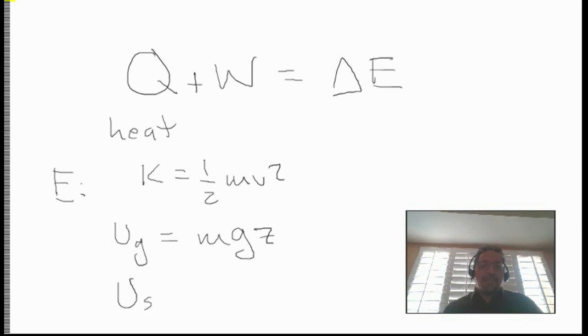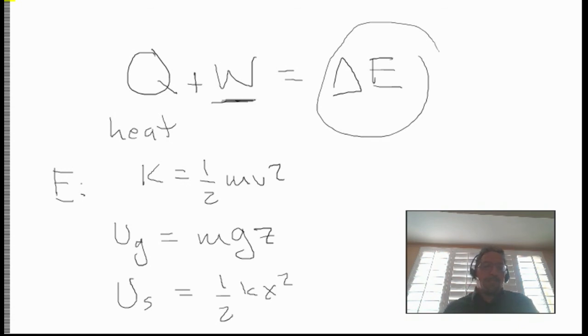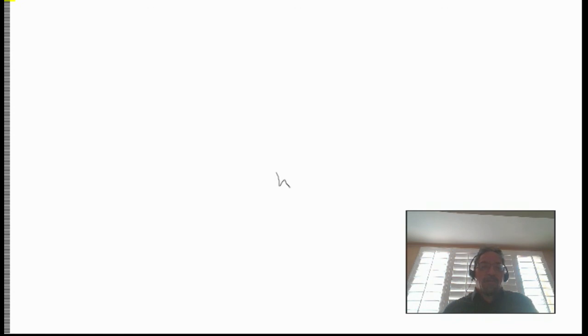The spring is 1/2 of k x squared, where x is the length that we're stretching the spring, and k is the spring constant. So we can always calculate, or many times we can calculate explicitly, what the energies are in an initial and final condition. And then we can also work out what is the work.